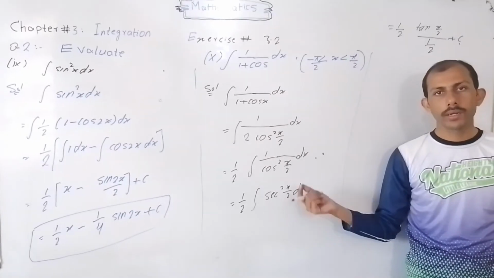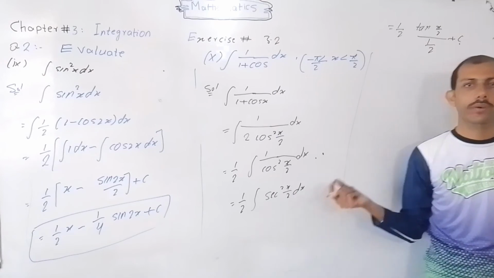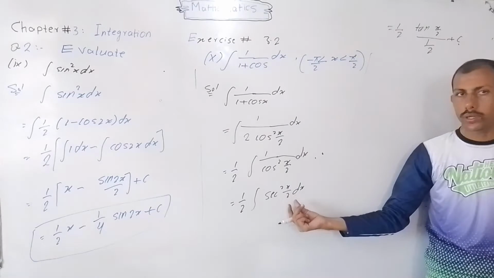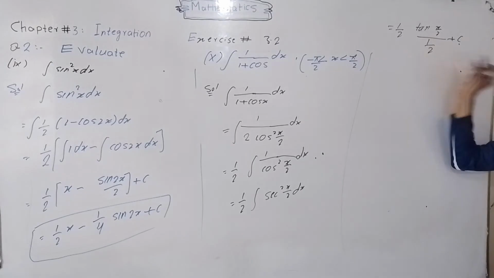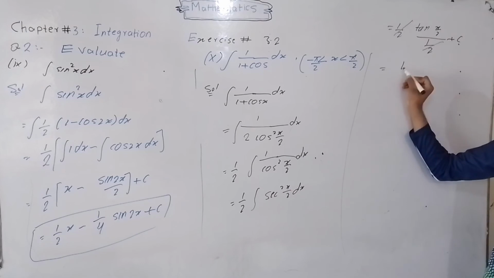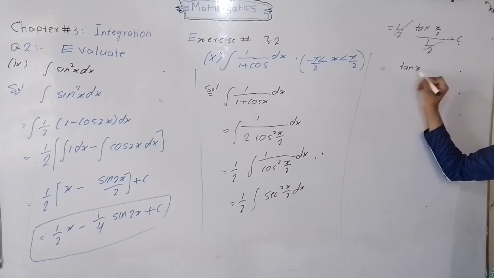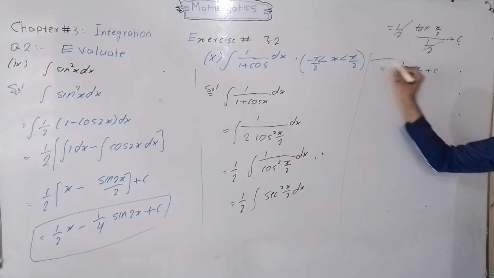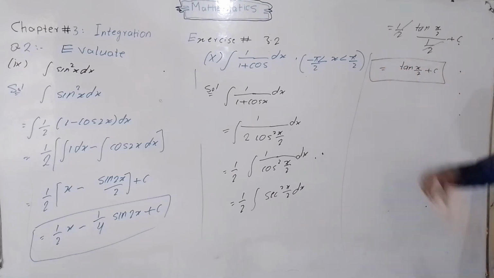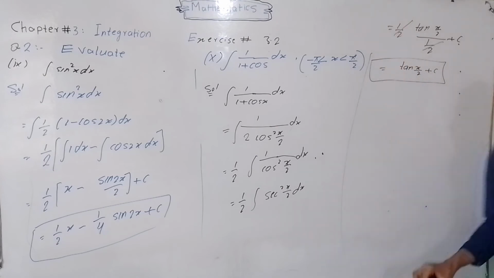Integration of secant square x divided by 2 is equal to tan x divided by 2 over the derivative of the function x divided by 2, which is 1 divided by 2. So 1 divided by 2 cancels, which is equal to tan x divided by 2 plus c, which is the required solution.